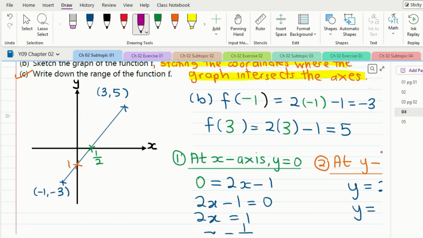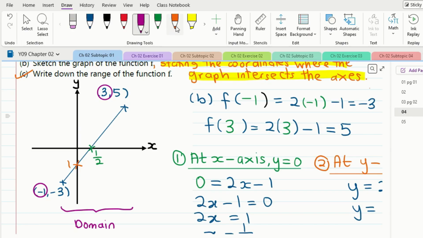So -1 and 3 are the x values for the set of the domain. You have to look at the graph horizontally first. This is your domain, or the limit of your graph in a way.